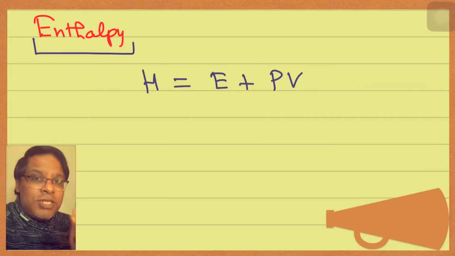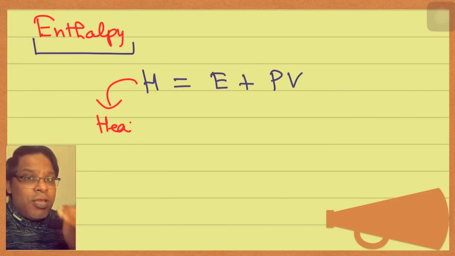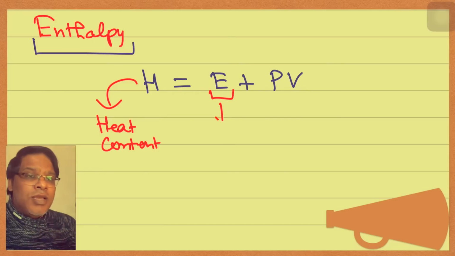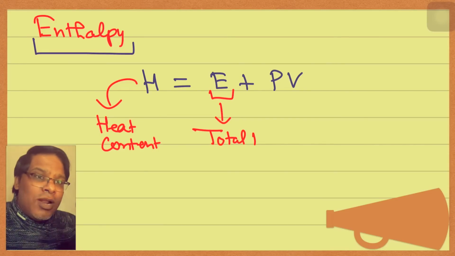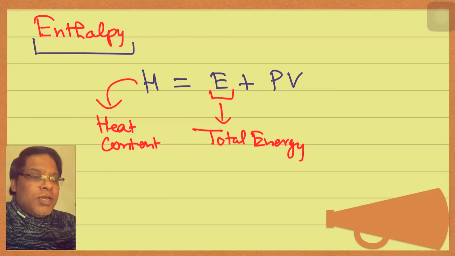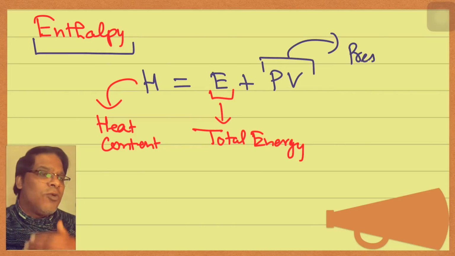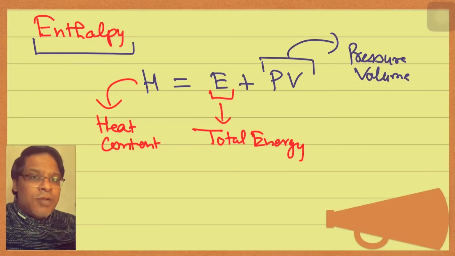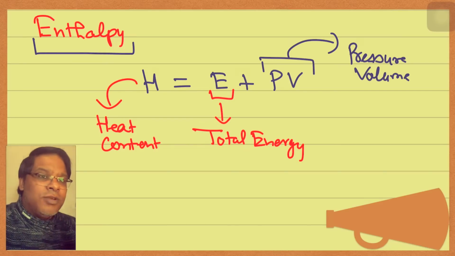So here H is going to represent the enthalpy, and keep in mind enthalpy also represents the heat content within the system. E represents the total energy, and PV represents the pressure volume work. So here it is easy, you must remember H is equal to E plus PV.